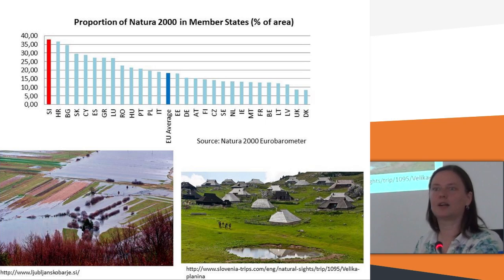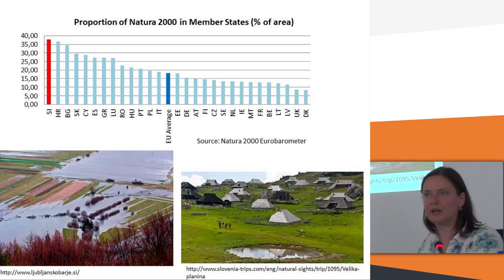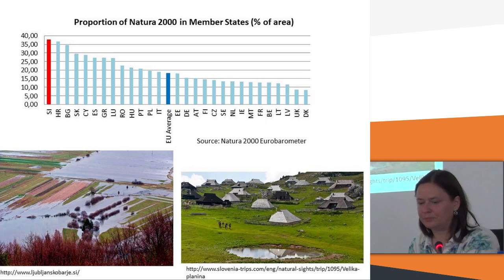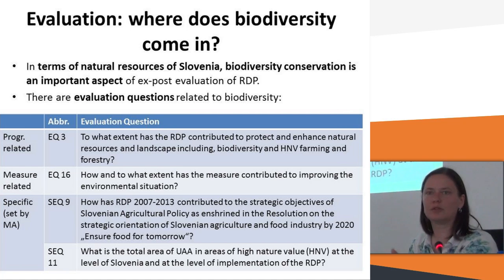So basically it's hard to avoid being in a Natura 2000 area. As soon as you are outside of the cities, of the towns, you are almost certainly in Natura 2000. So this looked a bit like a tourist advert, so let's move back to work.